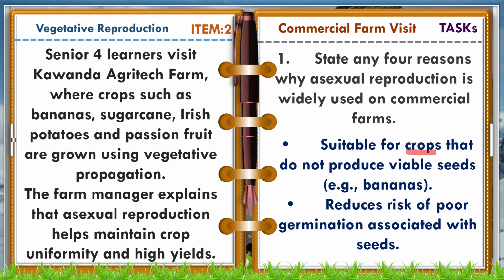Suitable for crops that do not produce viable seeds, like bananas. It reduces the risk of poor germination associated with seeds.